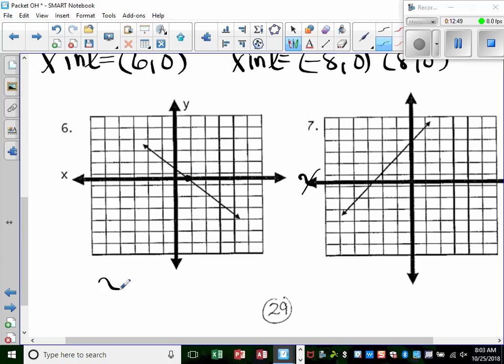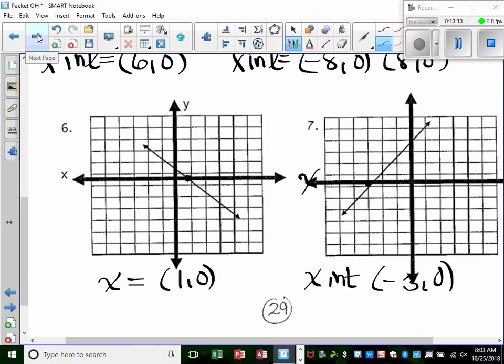So we'll say x equals 1, 0. And then for this one, again, it's not directly on, what is that, -1, 2, 3. We're going to call it -3. So the x-intercept is -3, 0. Okay, they weren't really directly on it, but we'll approximate that.